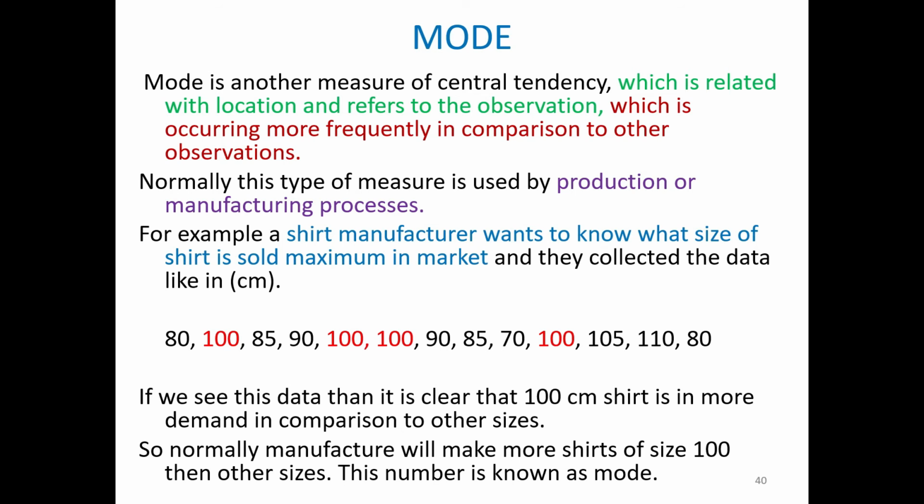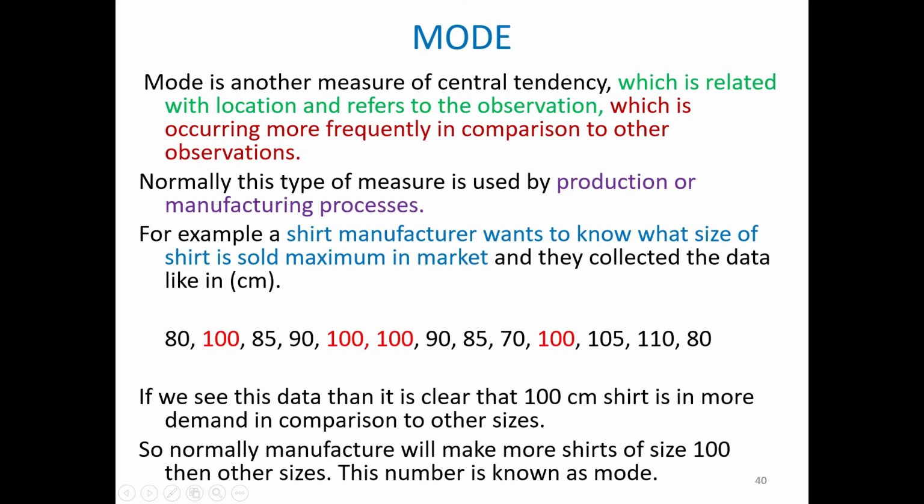Let's take an example. Now a shirt manufacturer wants to manufacture shirts. So which size of the shirt should he create, or prepare more? For that purpose, he has collected the data and looked at the market, which size is being purchased by the people. 80 centimeter, 100 centimeter, 85, 90, 100, 100, 90, 85, 70, 100, 100, 95, 110 and 80.